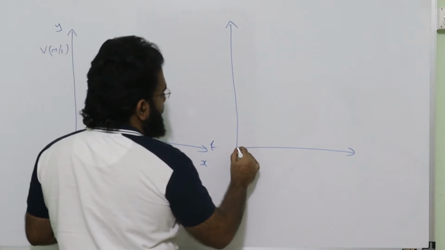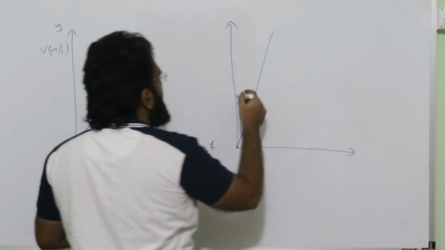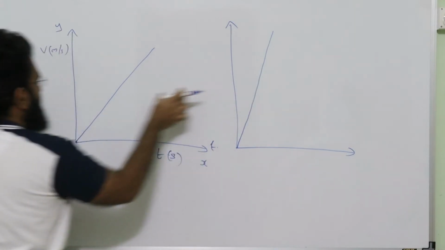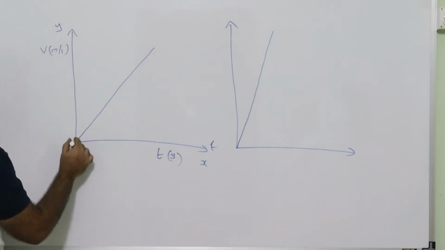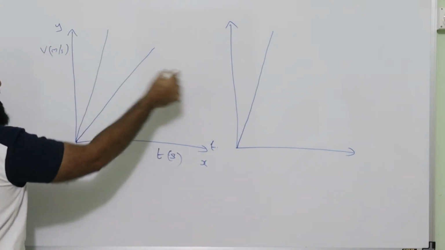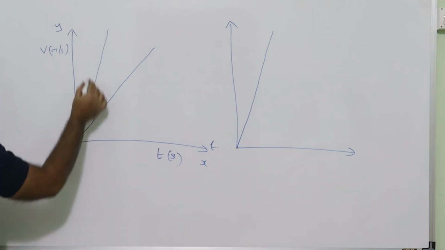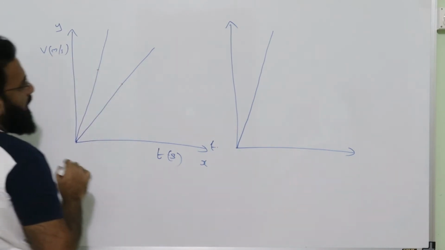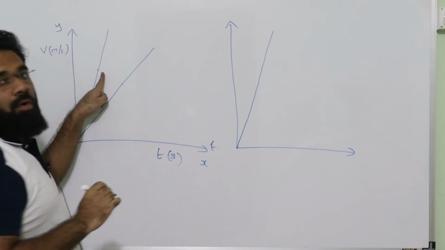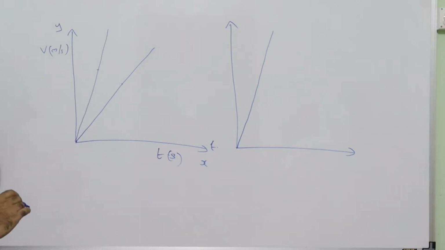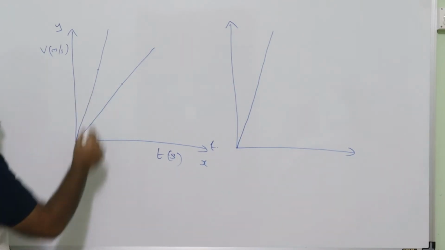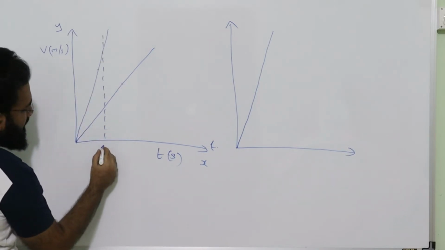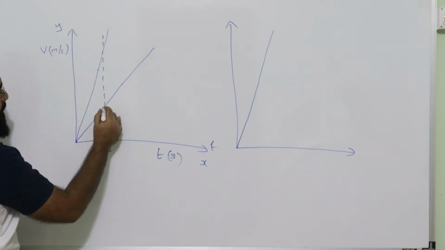Suppose we draw a graph like this. That graph has more slope, and this one has less slope. The one with more slope has more velocity. Suppose we draw a line at time t equal to 2 seconds.